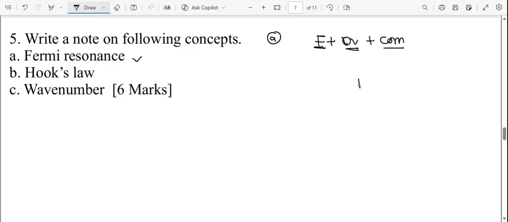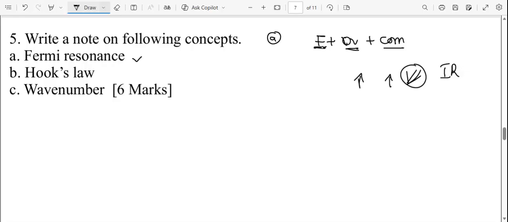So the intensity will also change, and the band will split because we have a lot. Once it is split like that, we expect an increase in the absorption of IR, which is the infrared spectrum. All right. So that's what will happen. I'm explaining what is happening here, and you can deduce your own notes.